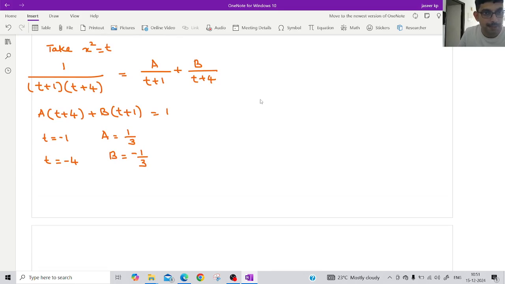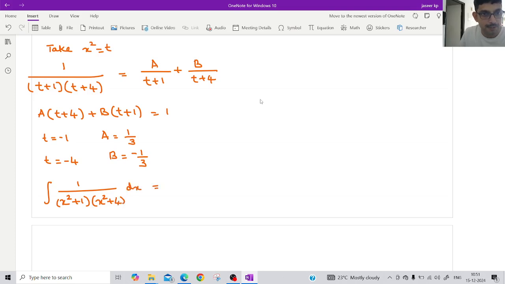See, we are taking x square as t only for the purpose of partial fraction. So that means now we'll be writing in terms of x square only. So x square plus 1, x square plus 4 dx.